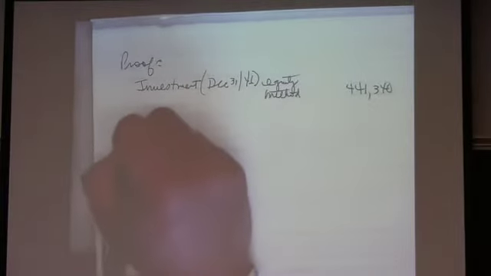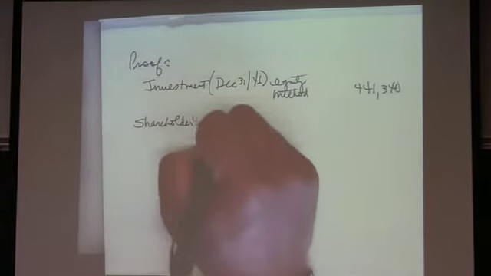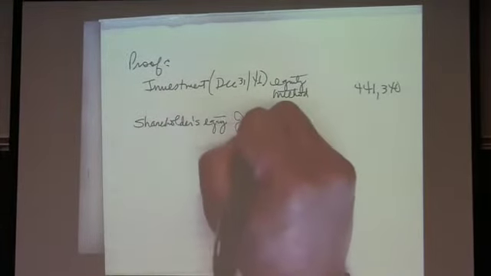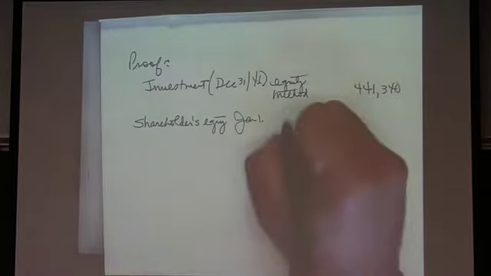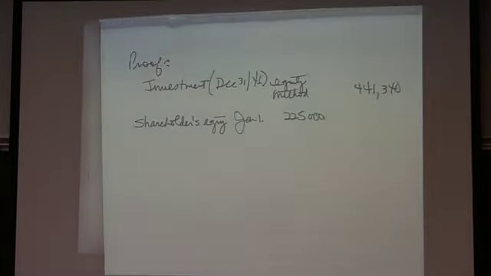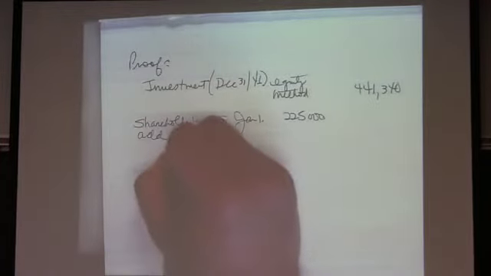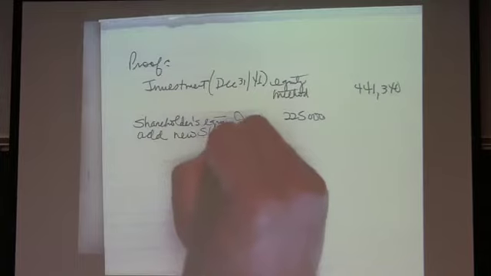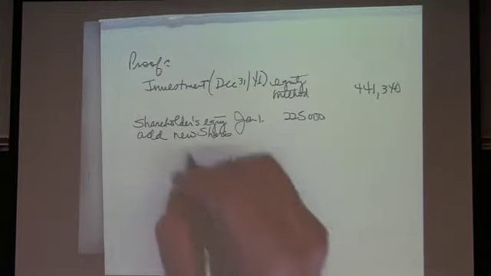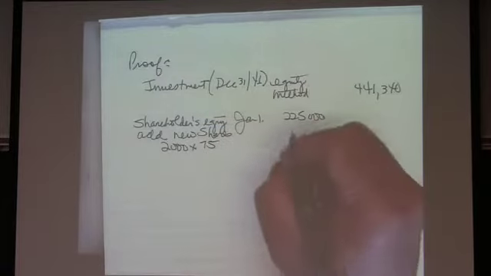Let's take the shareholders' equity, January 1st, 225. That was in the question. We added new shares, and that was 2,000 times 75.